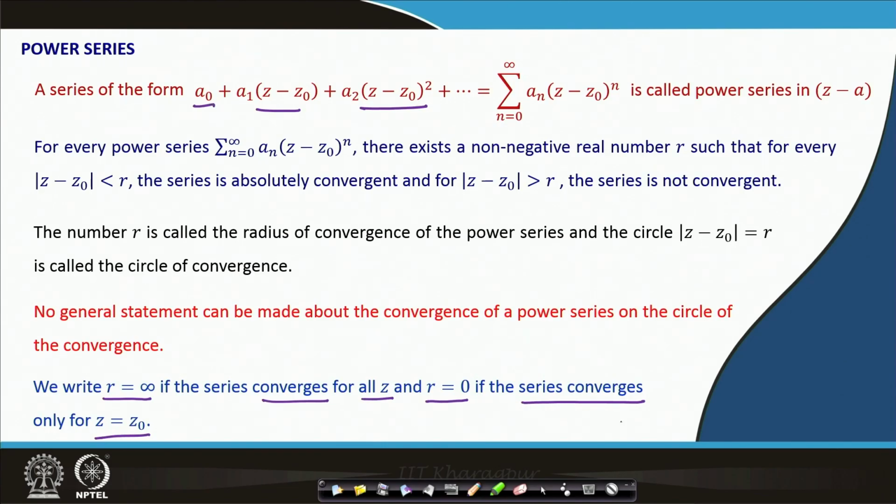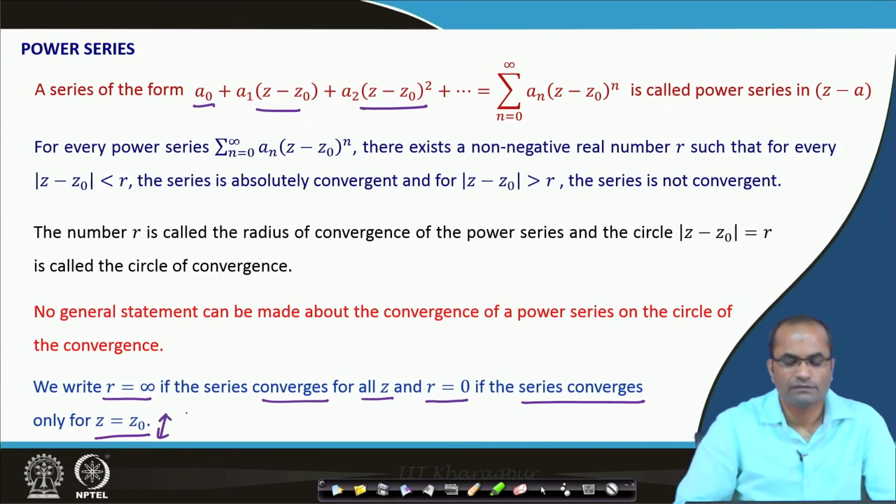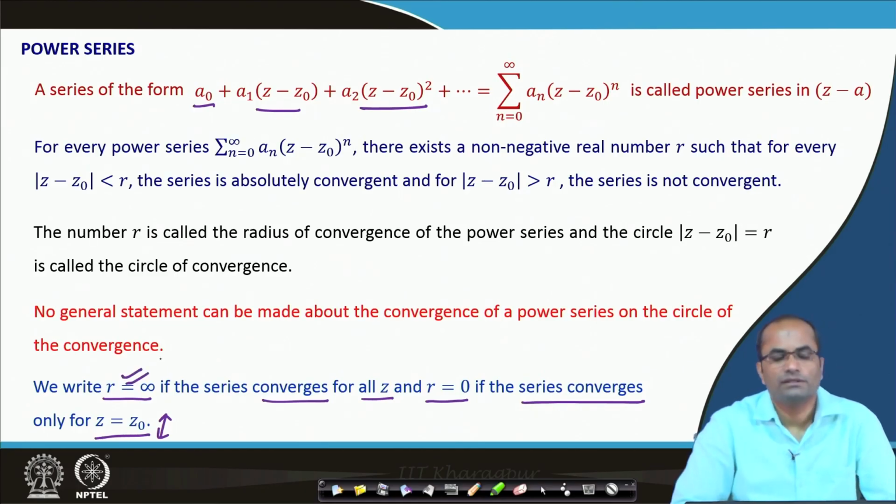So, there is no worry about this, it always converges. But if the series converges only for this z0, then we say the radius of convergence is 0, and if the series converges for all z, then the radius of convergence is infinity.